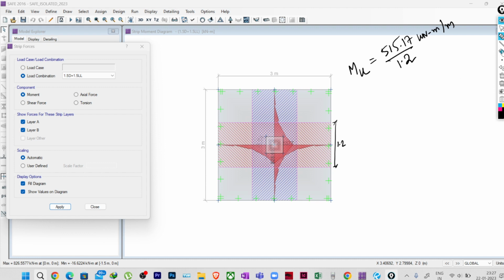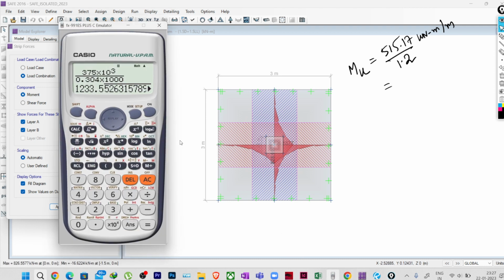So to get the moment per meter width, it will be divided by 1.2. If I just do the calculation here, 515.17 divided by 1.2, it is around 429.30 kilonewton meter per meter width.